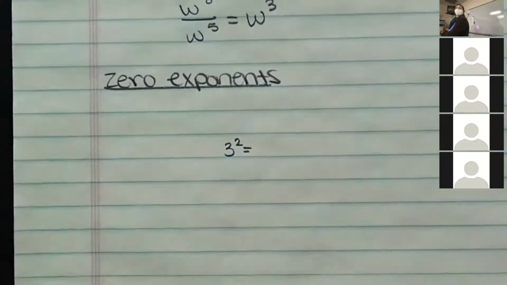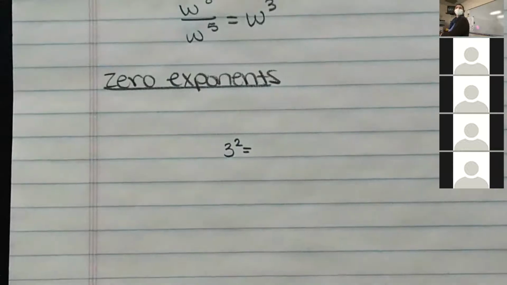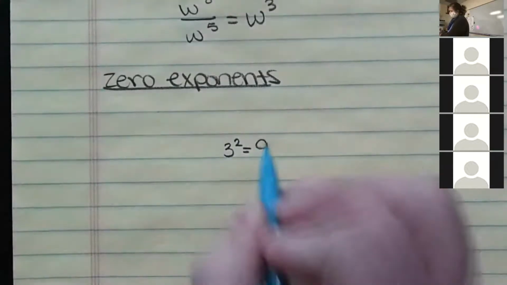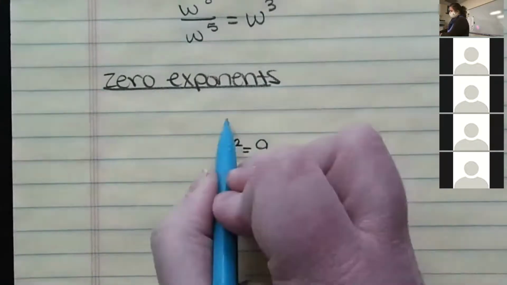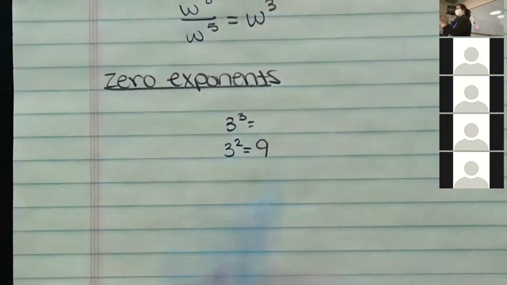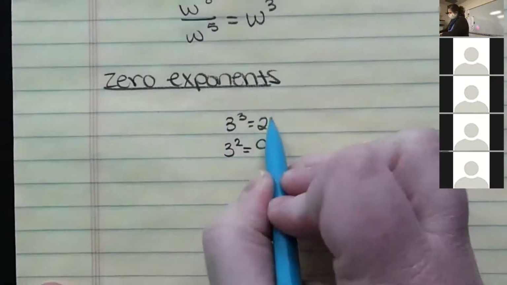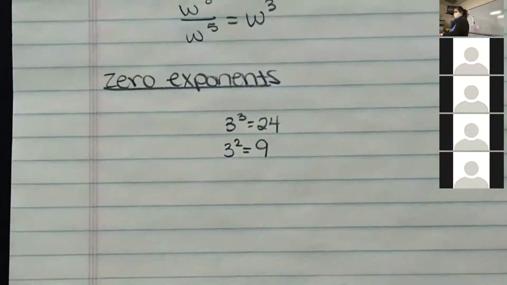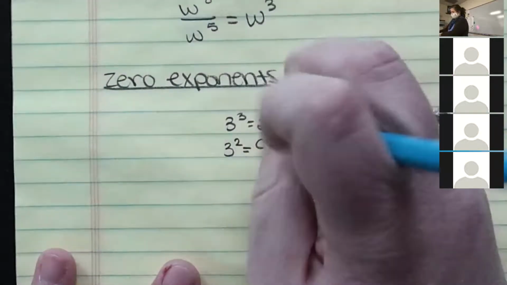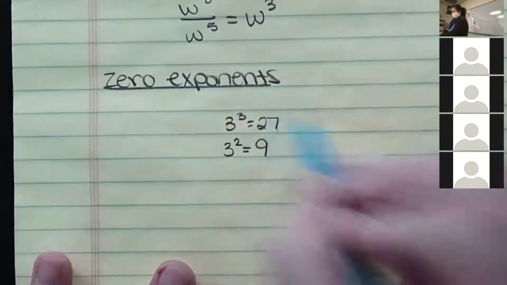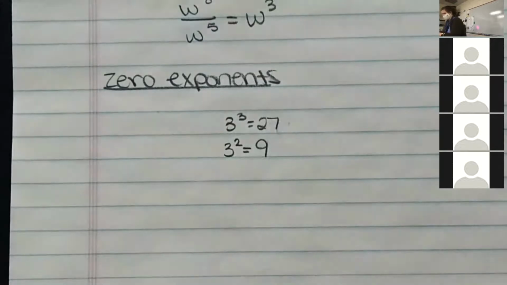What's 3 squared? What's 3 times 3? 9. Okay. So 3 to the 3rd would be 3 times 3 times 3. What is that? 27.